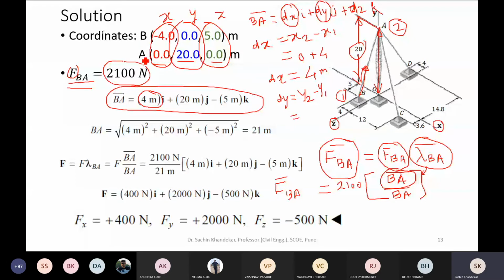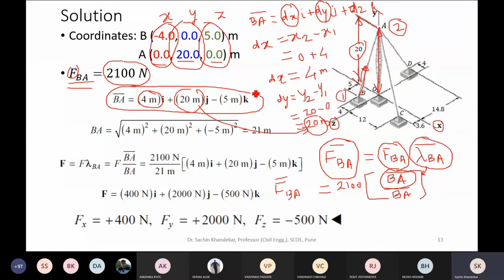The second point is A. So y2 means this 20, blue color 20, minus y1, which is 0. So 20 minus 0 is plus 20. Y means along the y-axis, and j is the unit vector along the y-axis, right? So plus 20j.